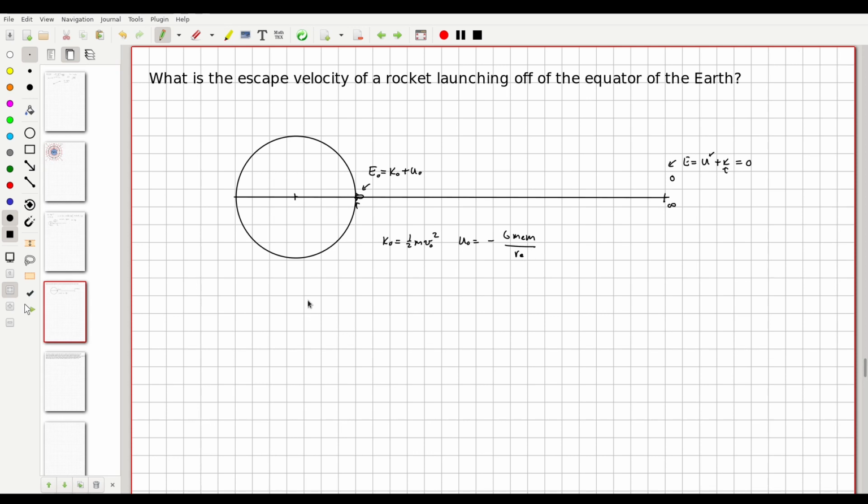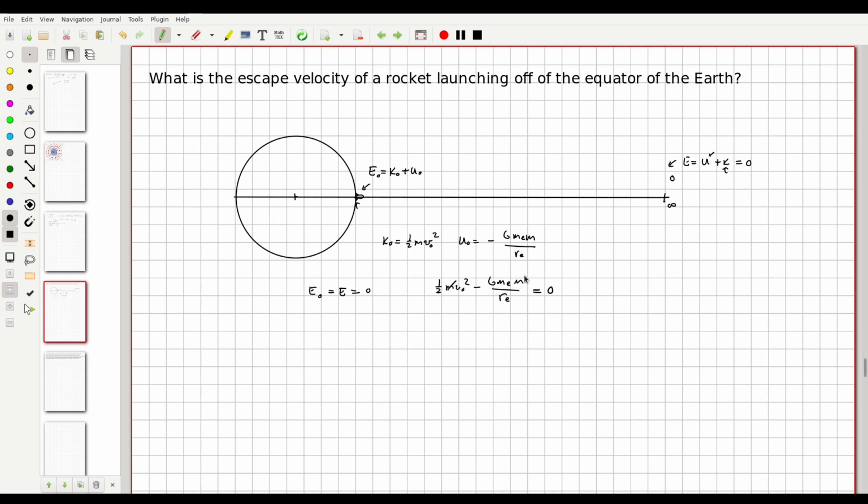Okay? So, again, energy is conserved. Our initial energy is equal to our final energy, but our final energy is equal to 0. So what that means is that 1/2 m v0 squared minus G mass of the Earth, mass of the rocket divided by r sub e, that's equal to 0.